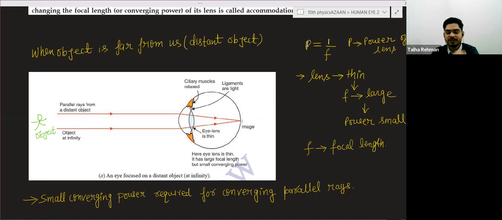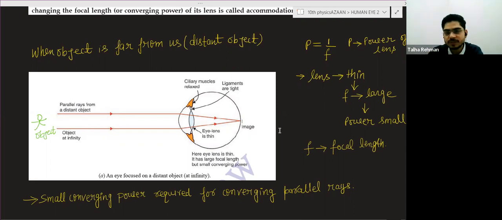So basically, for the vision of the far object, the focal length of the eye lens should be large, but the power should be less. Small converging power is required for converging parallel rays, and for converging diverging rays, large power is required.